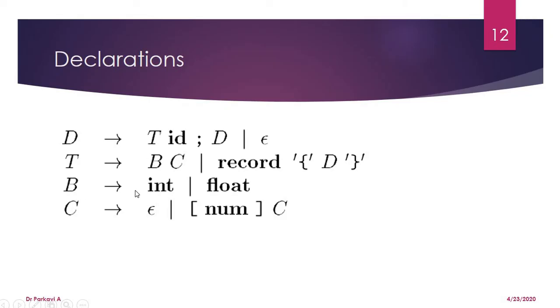The basic data type may be int or float or character or long int, and the collection of elements may be epsilon, or we can specify any number of dimensions, specifying the maximum dimension, followed by the collection of elements. So this is a simple grammar for declaration.